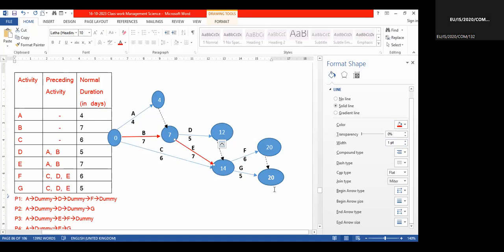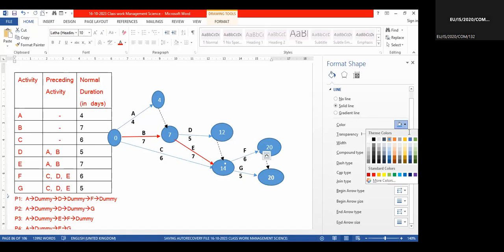One path is very, very important. Which path is more important? Path 7.